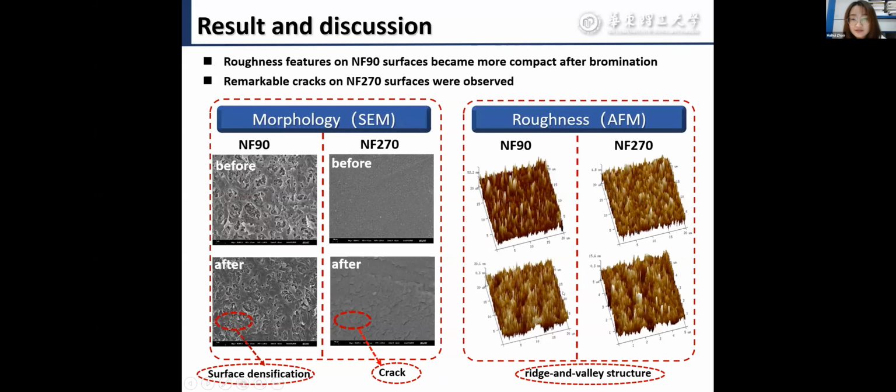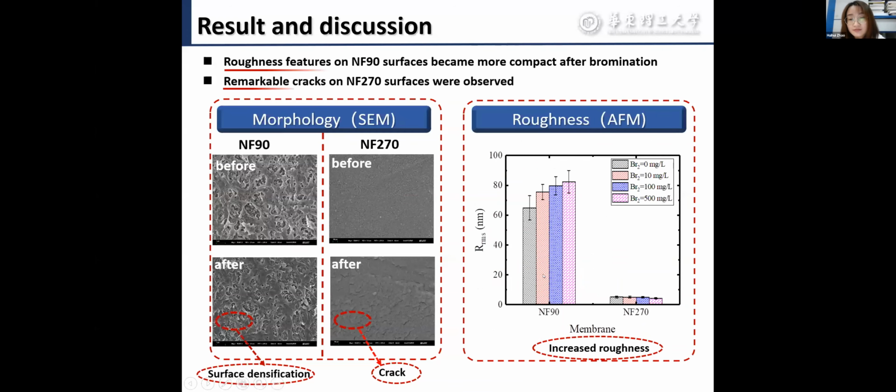According to the roughness, the NF90 membrane roughness increased when exposed to bromine solutions. For NF270, there is no significant difference because the NF270 structure was more stable than the NF90.